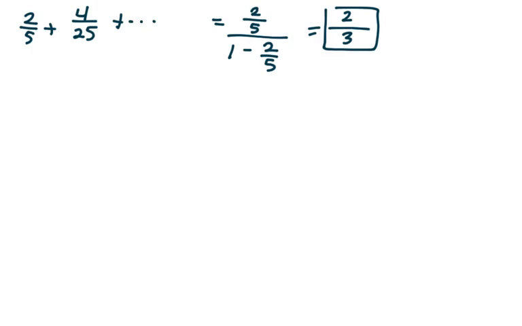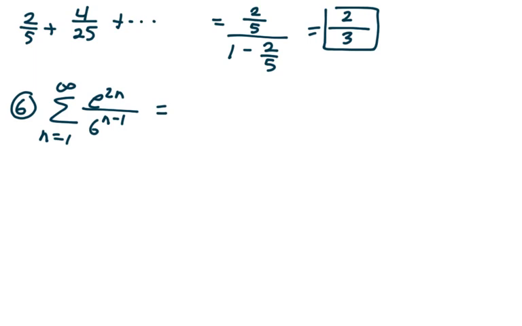And not everything is going to converge, by the way. I hope that makes sense also. And that's something you want to think about. So, for example, if you look at number 6, suppose we had the summation from n equal 1 to infinity of e to the 2n divided by 6 to the n minus 1, right? Now, we have to manipulate this a little bit.